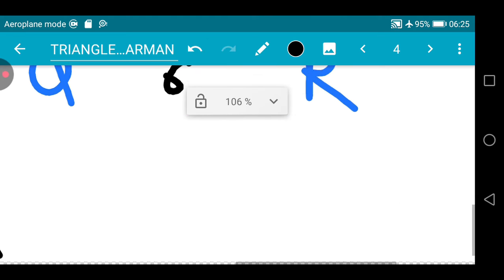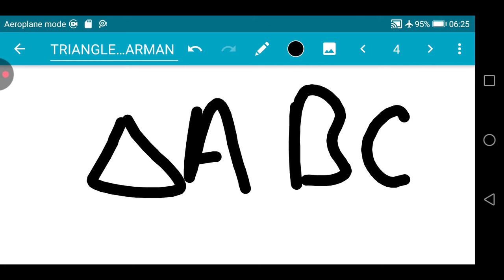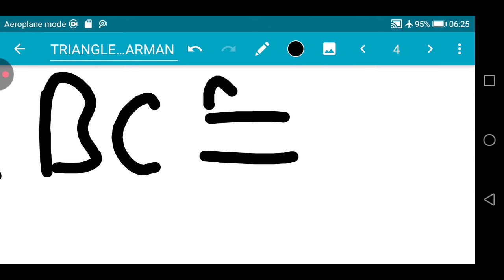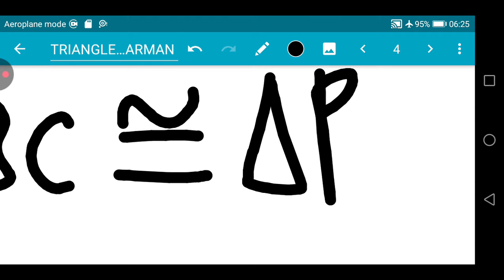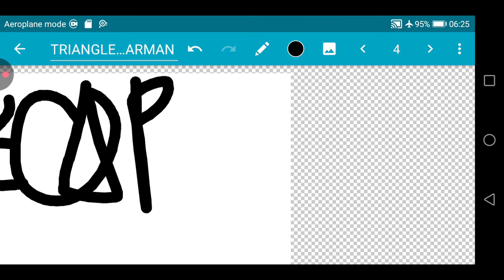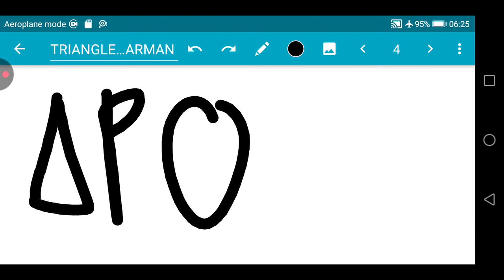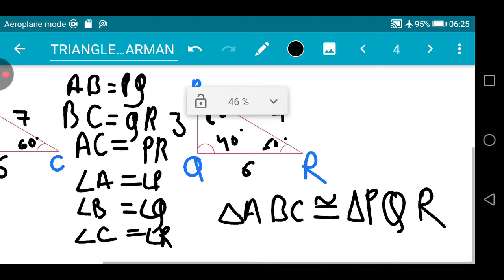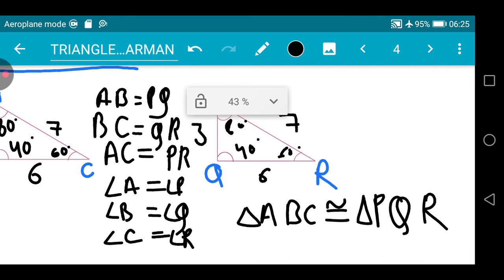If these are equal, then what can we say? Triangle ABC is congruent, this is the congruent sign, to triangle PQR. So in this way we have proved it.